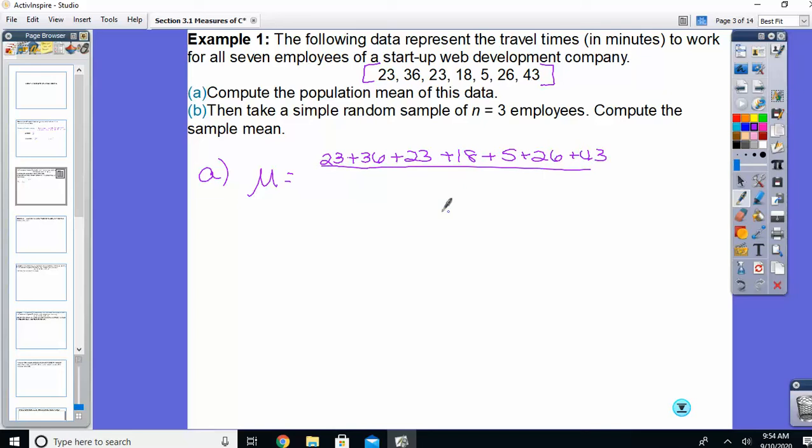And what do I divide by? 7, because there were 7 of them. Okay, and when you add all those up, what do you get? And 174 divided by 7?